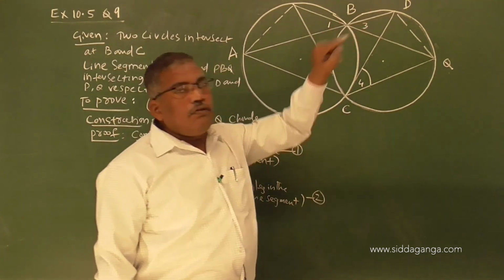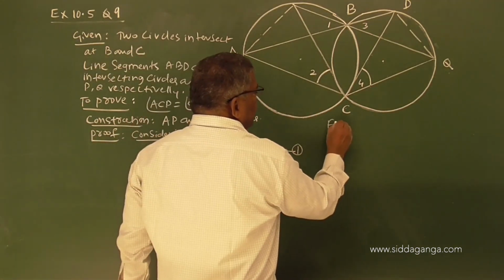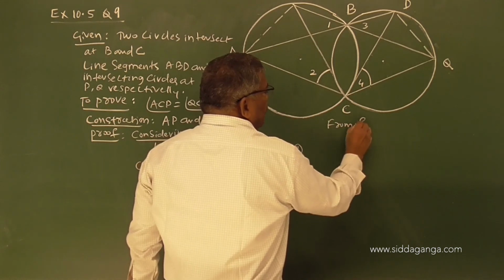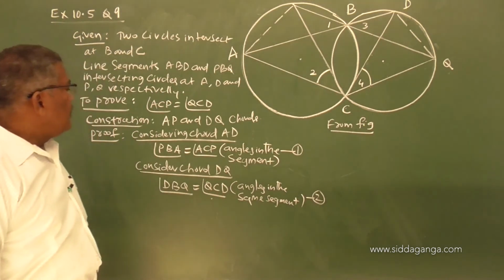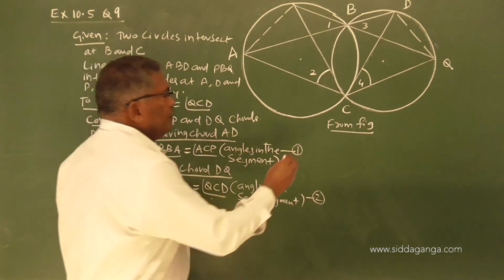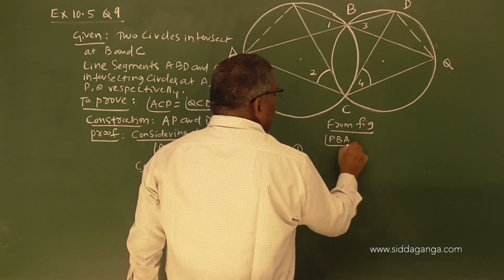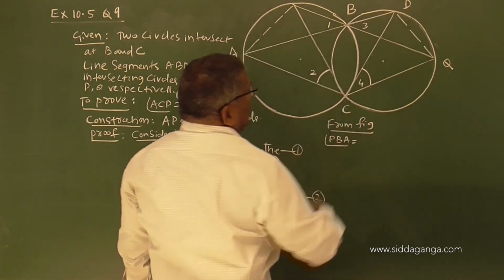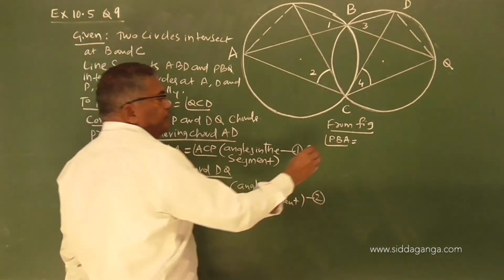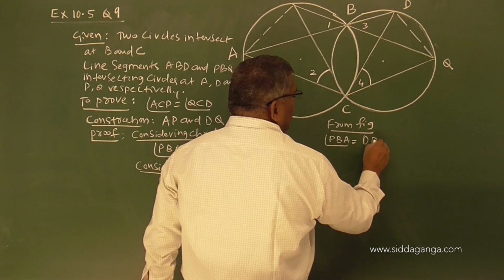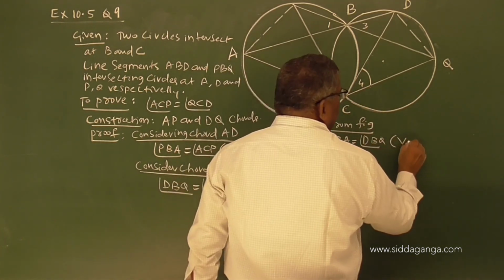So therefore 1 is equal to 3. From the figure, what is 1 in our case? That is PBA. PBA equals DBQ. Reason is vertically opposite.